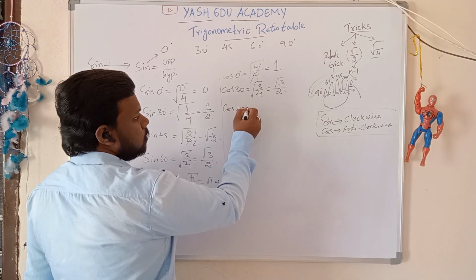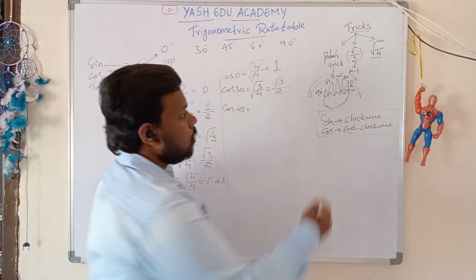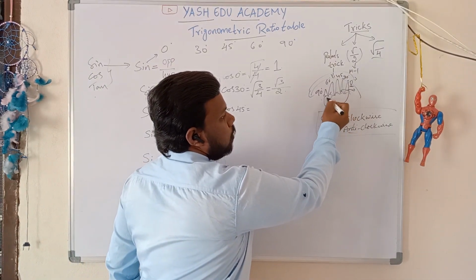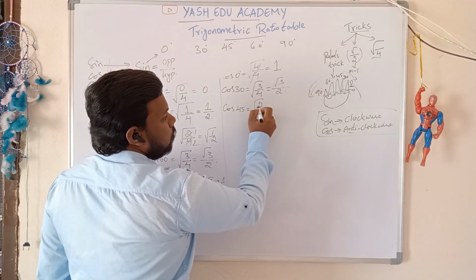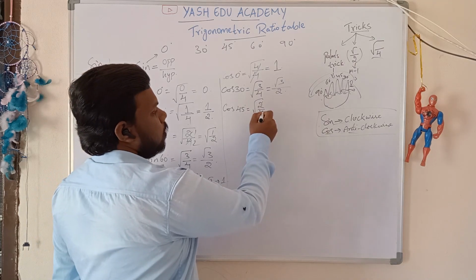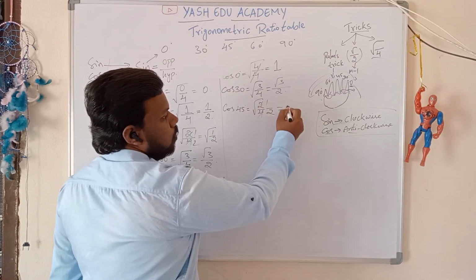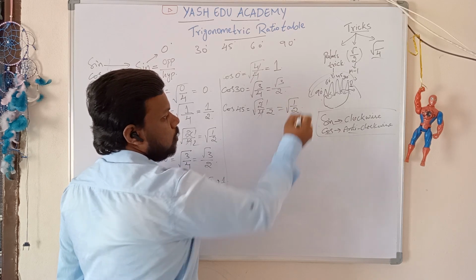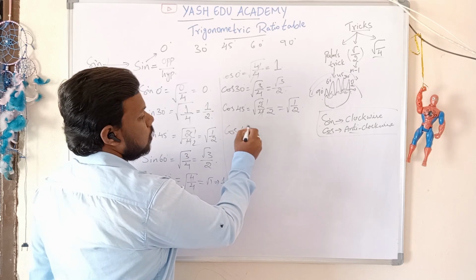Cos 45 degrees: we count 2 fingers left after 45. Now root of 2 by 4, here it gets cancelled, so root of 1 by 2 is the final output. Now cos 60.